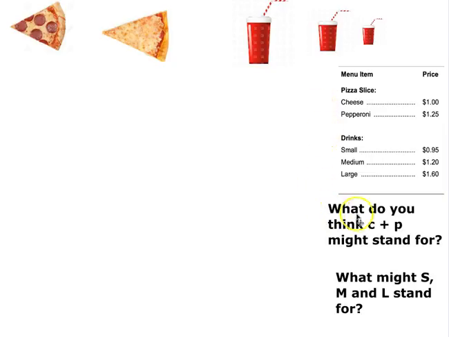So my question for you is, if I put variables C and P, what do you think the C would stand for? What do you think the P would stand for based on the menu item that you're looking at? So 30 seconds, talk with your partner. C and P, what would those stand for?